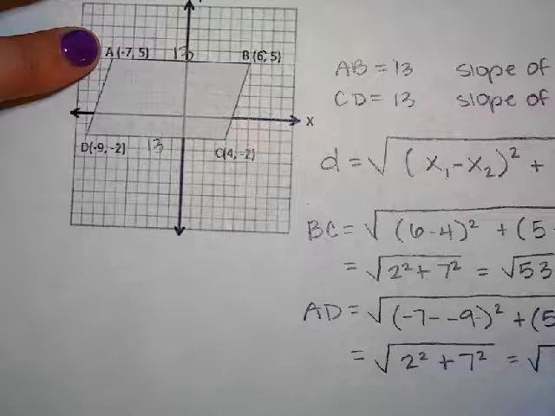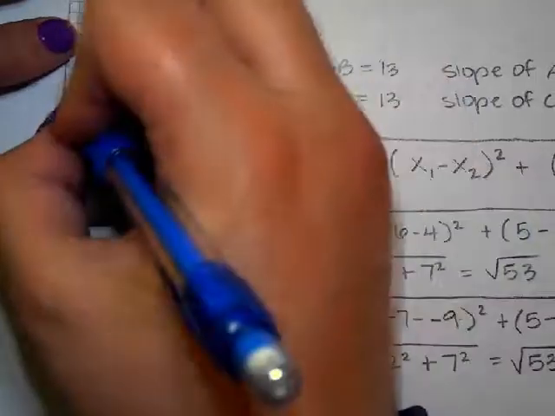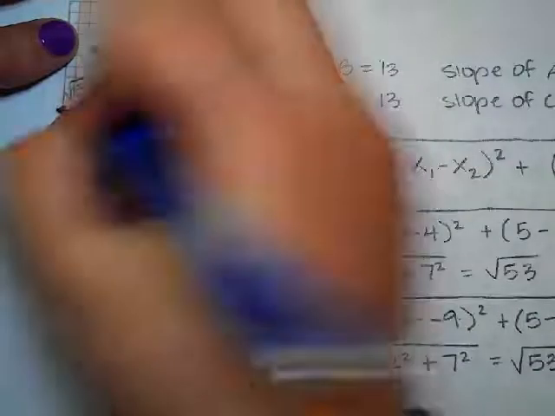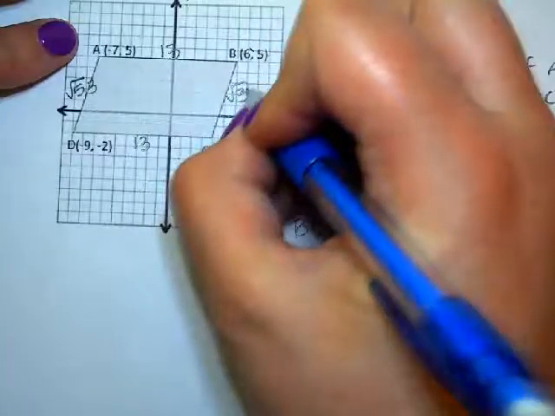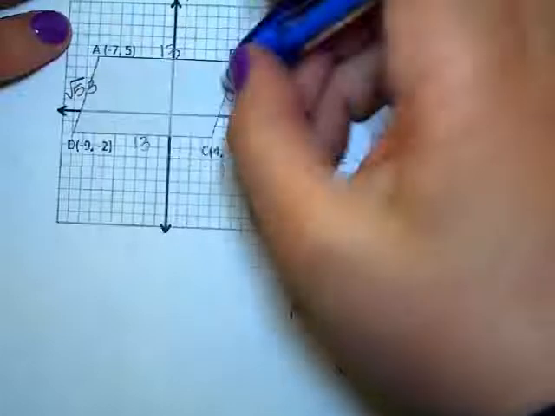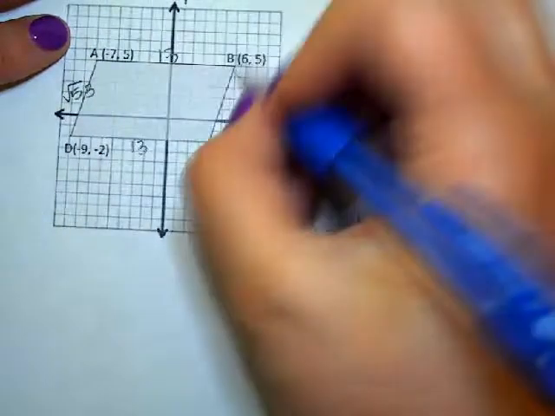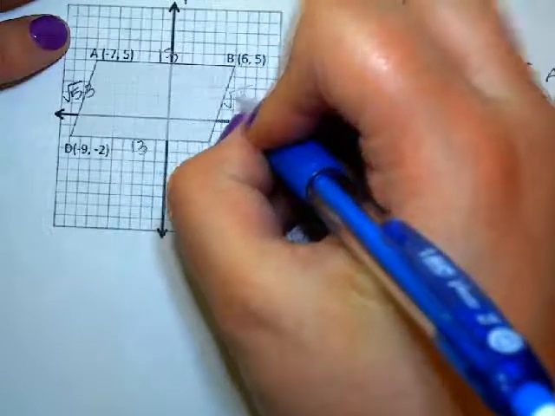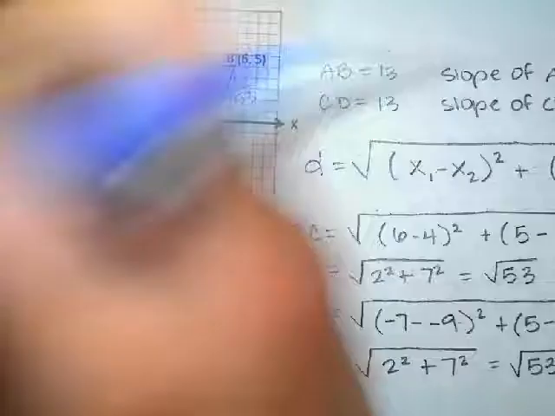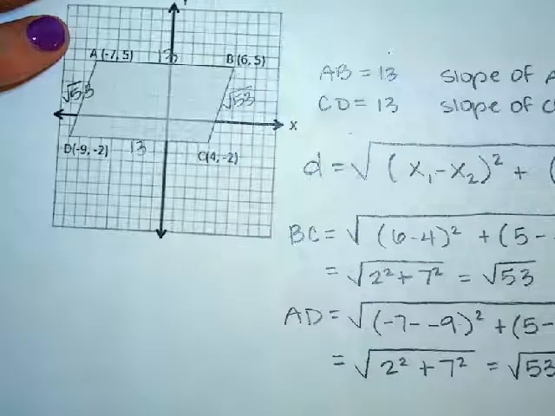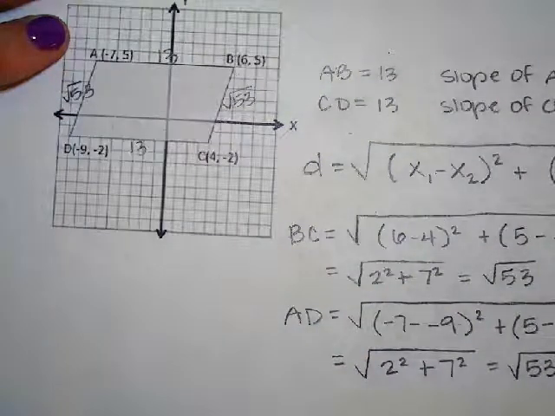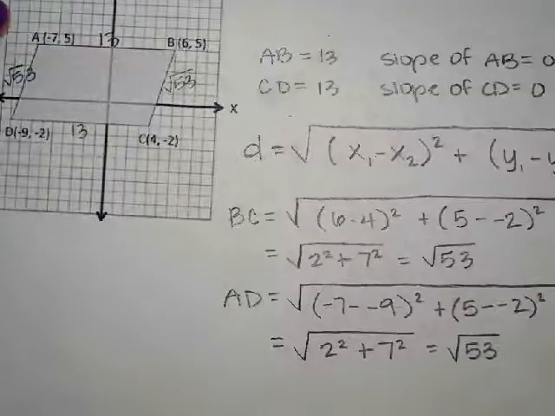Okay, so they're the same length. Oop, I wrote root 3 instead of root 53. Okay, and then do these have the same slope? Do they have the same slope?